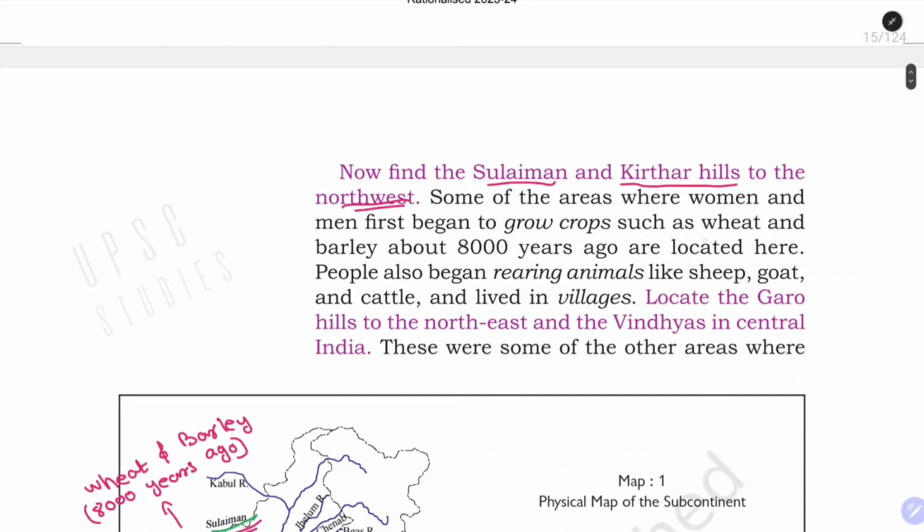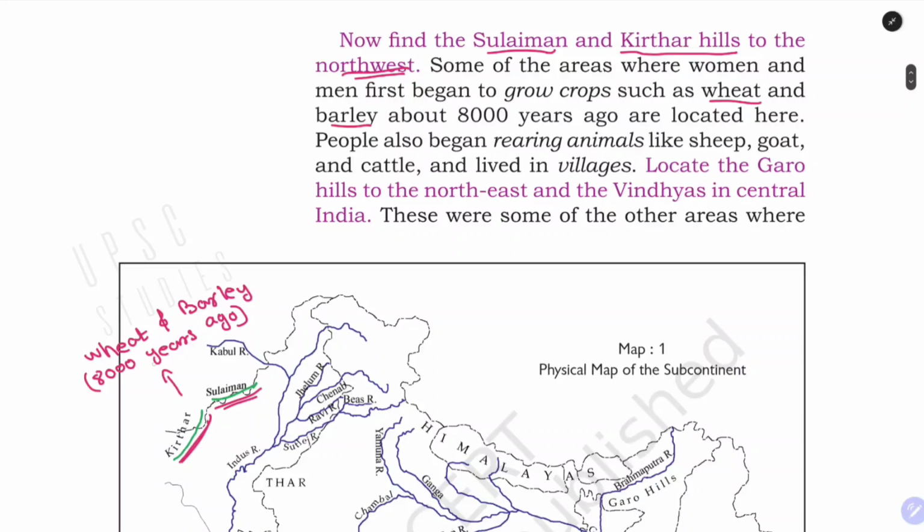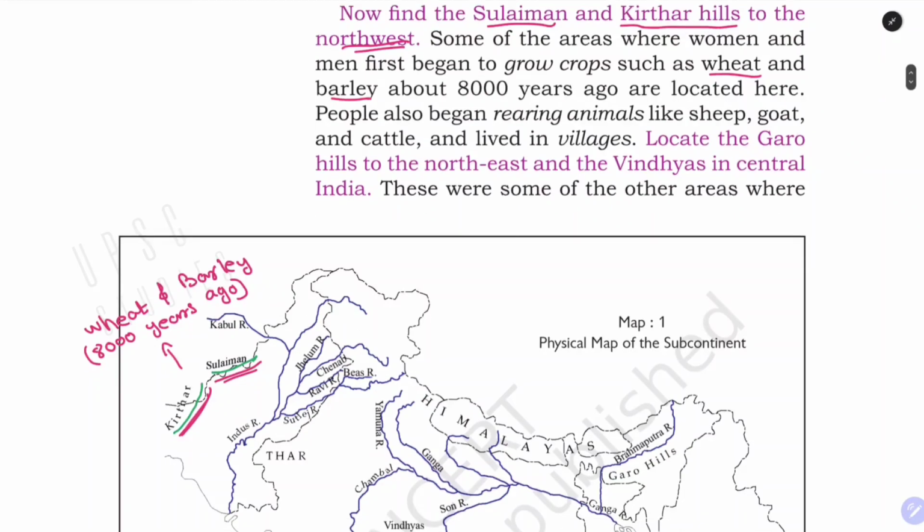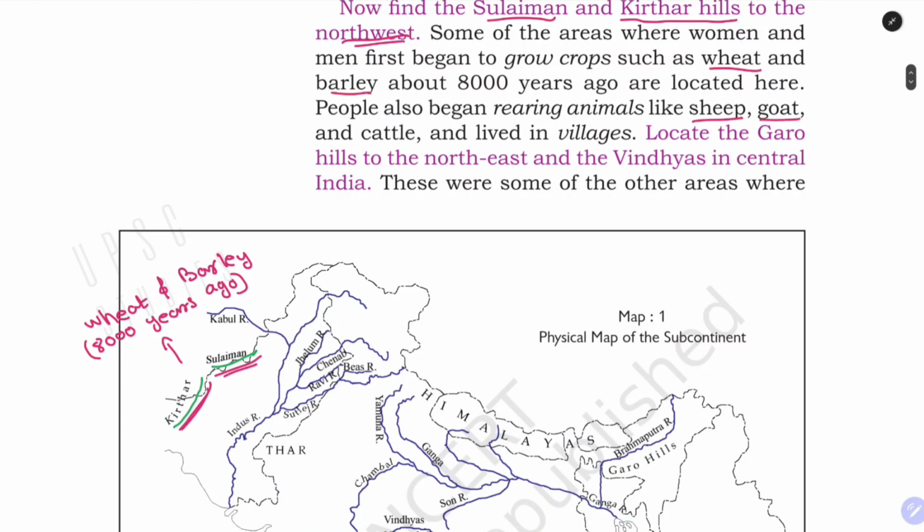Some of the areas where women and men first began to grow crops such as wheat and barley. In this region, there is wheat and barley. They were cultivated 8,000 years ago. People also began rearing animals like sheep, goat, cattle, and lived in villages.